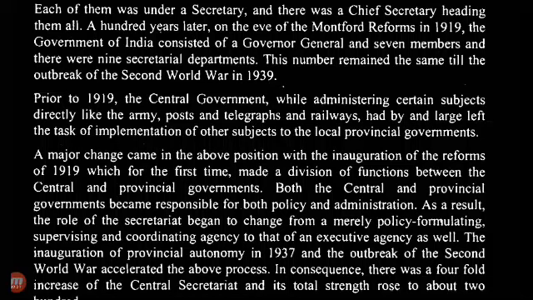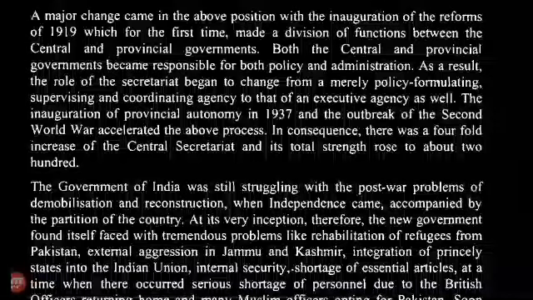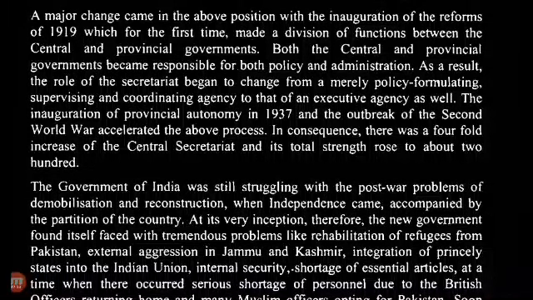A major change came in the above position with the inauguration of the reforms of 1919, which for the first time made a division of functions between the central and provincial governments. Both the central and provincial governments became responsible for both policy and administration.